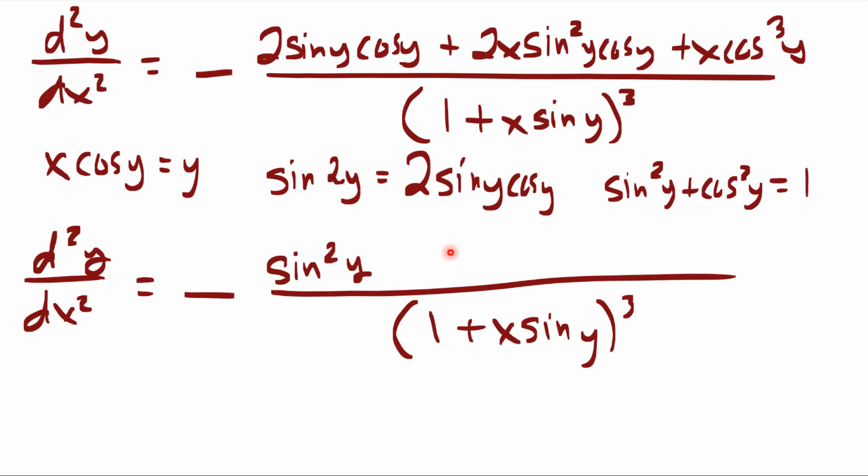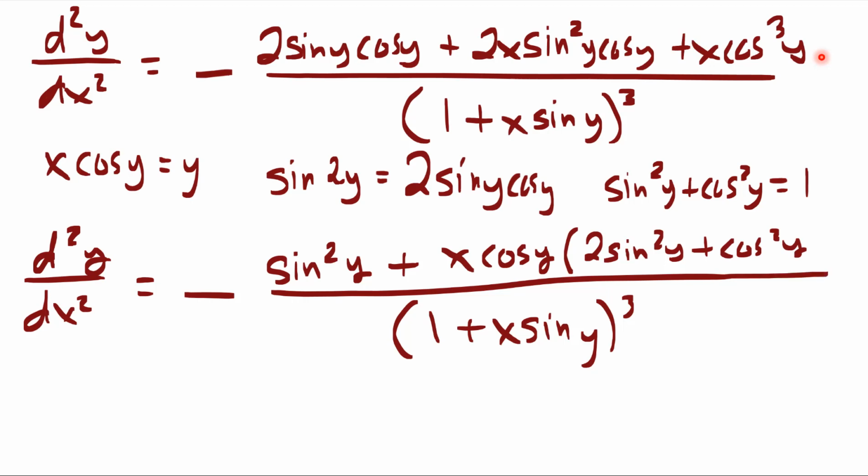Okay, this one, I'm going to take out x cosine y out of these two terms here, because I want to eventually get that to just be a y value. So leftovers would be a 2, a sine squared y plus cosine squared y. Ooh, I'm getting closer to something here. Okay, let's do our substitutions. Let's see how we do here.